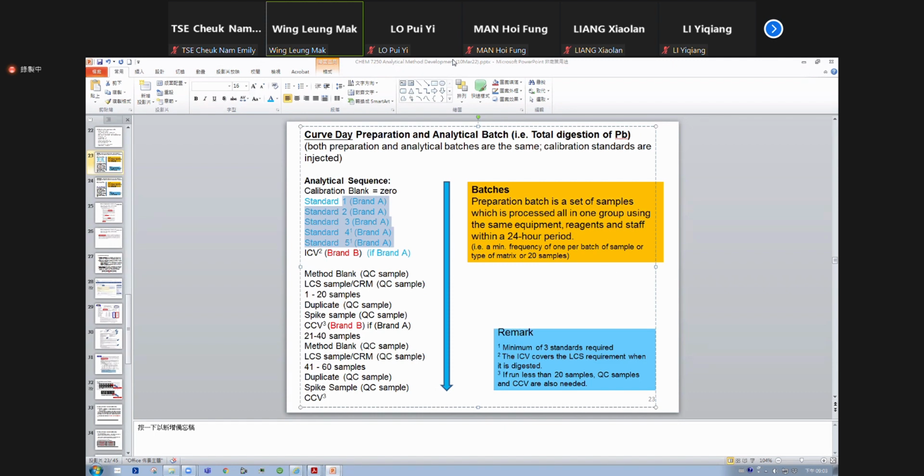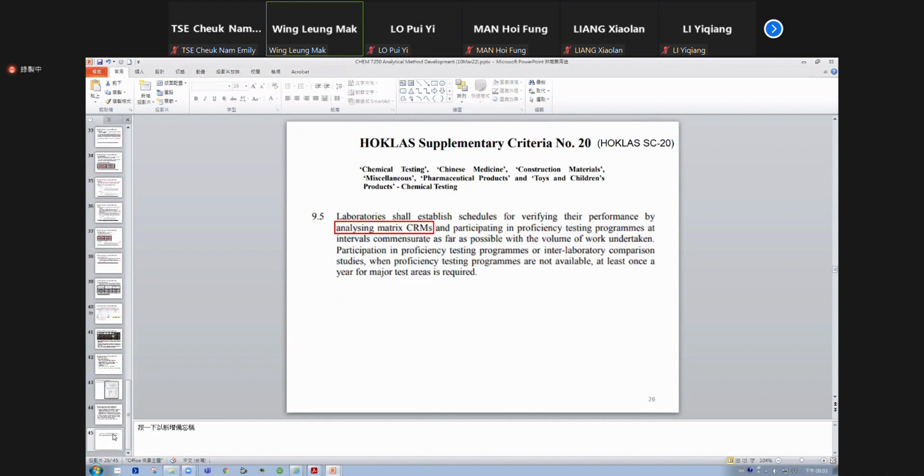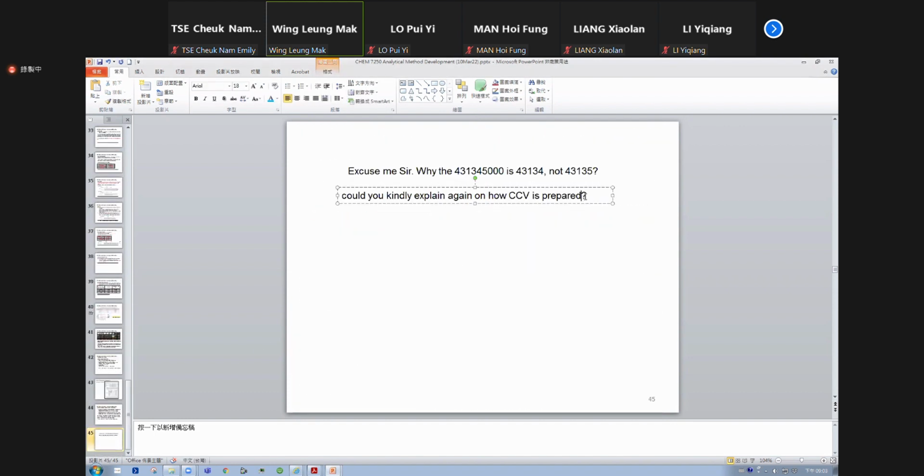Another question is, what is the difference between the ICV and the CCV in terms of concentrations? Okay, I show others. I don't know whether you can read or not. What's the difference?